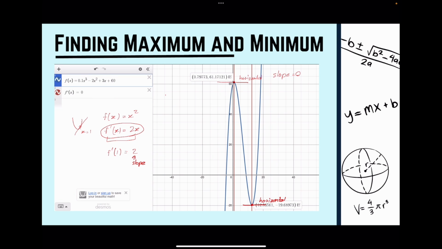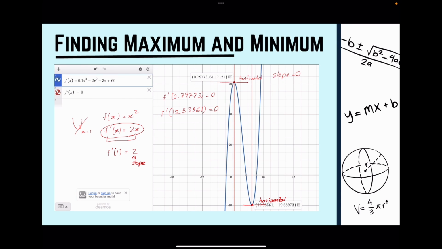So f prime of 2.79773 is 0, and f prime of 4.53561 is also 0.